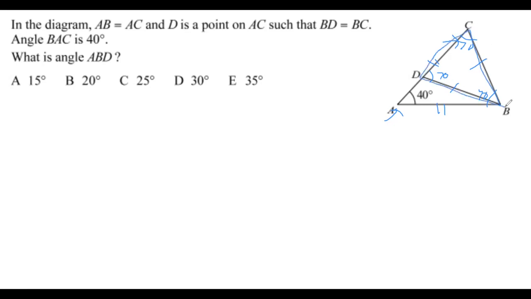That means angle CBD, this smaller angle, is 40 degrees, because 70 plus 70 is 140, and 180 minus 140 is 40. And now finally, since the big angle CBA is equal to 70, and the smaller angle inside of it is equal to 40, what's left must be 30 degrees.